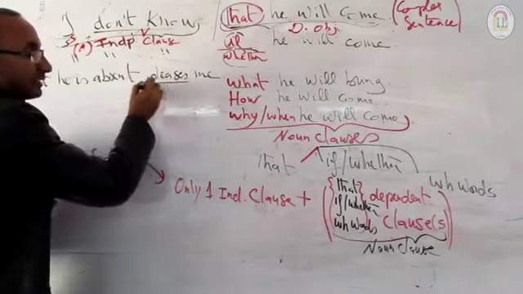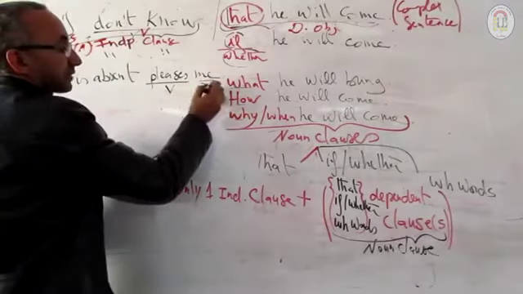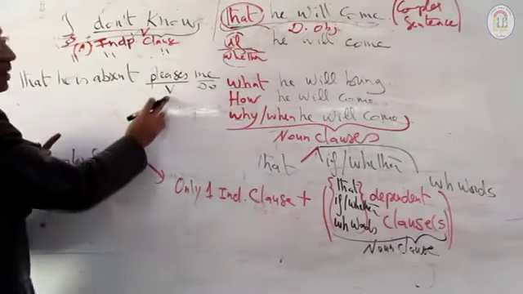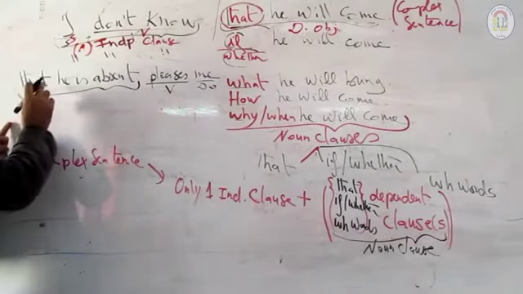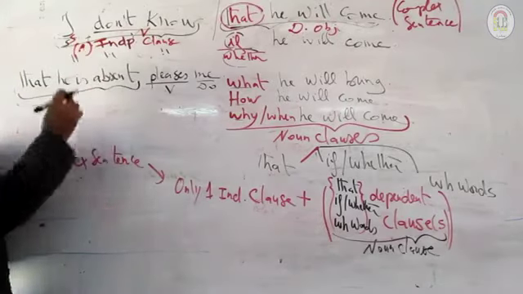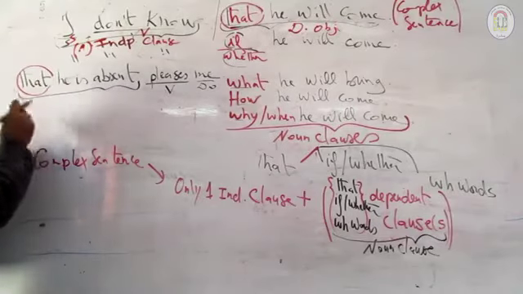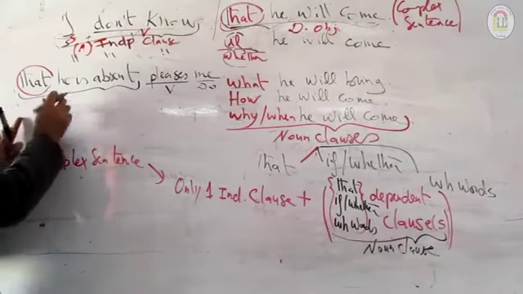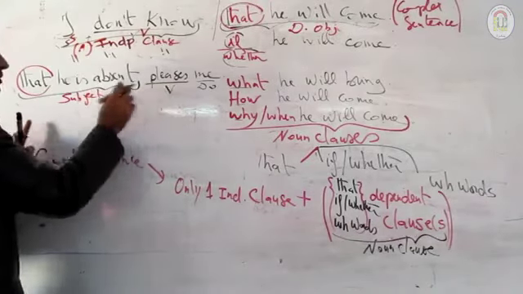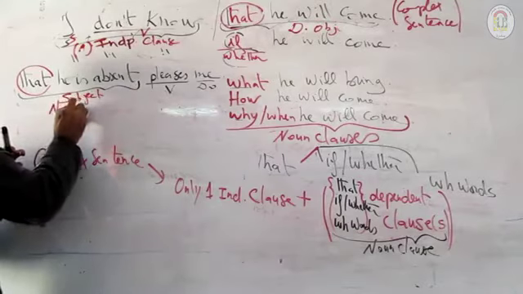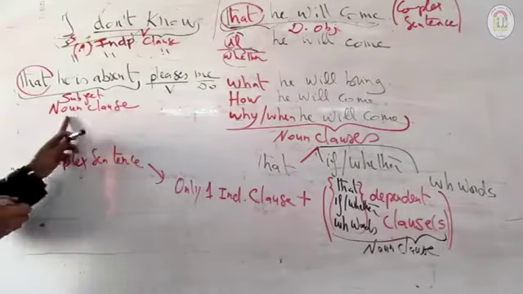I have my subject here, verb, pleases. Who? Me. Direct object. And this verb, of course, needs a subject. Here, my subject is that he is absent, which starts with that and acts as the subject for this verb, so it is my noun clause.